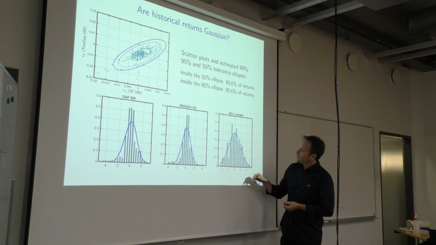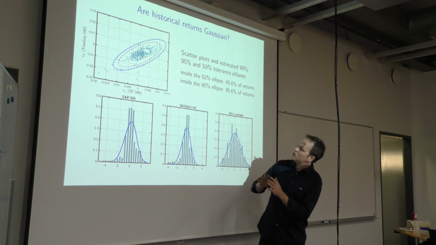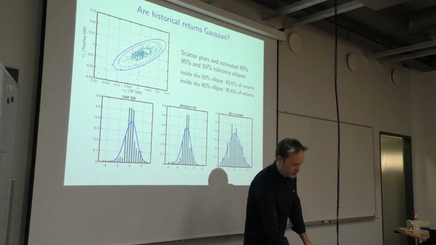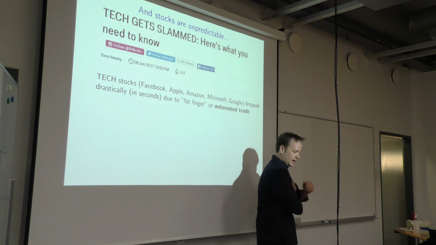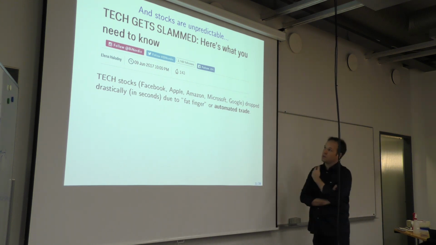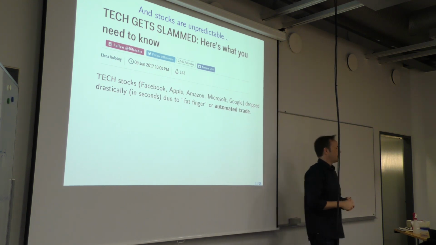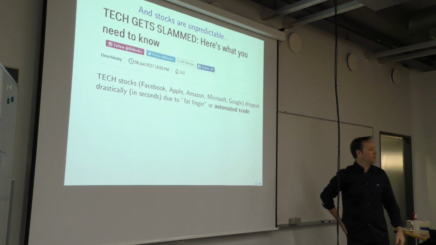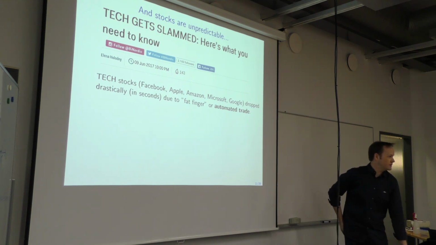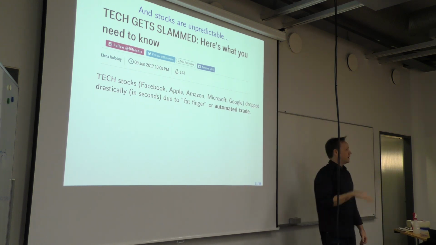So this is the Gaussian, but here you can see that it's far more probable to be at the center and on the other hand at the tails. And also why this phenomenon is happening is that there are some other tricky things happening. For example, sometimes the machine learning algorithms are not working well, and that's why there are big fluctuations in the stock market. This is an example in 2017, 9th of June.